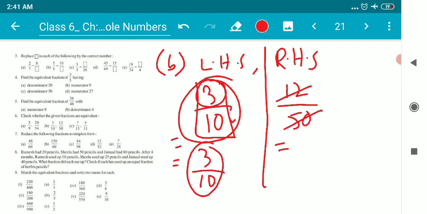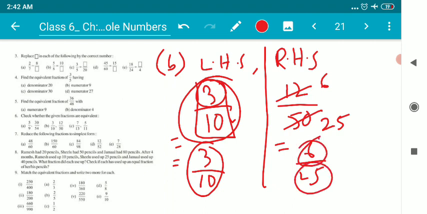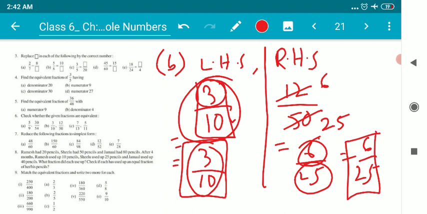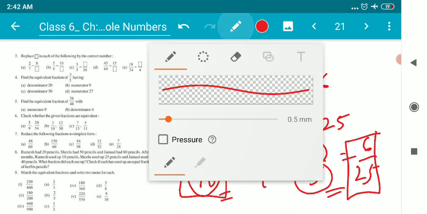So children, I got 6 by 25, and we know that 6 and 25 cannot be reduced, so it will be left as it is, 6 by 25. Children, look very closely at the left hand side and the right hand side. They are having different values, so they cannot be equal. They are unequal fractions.